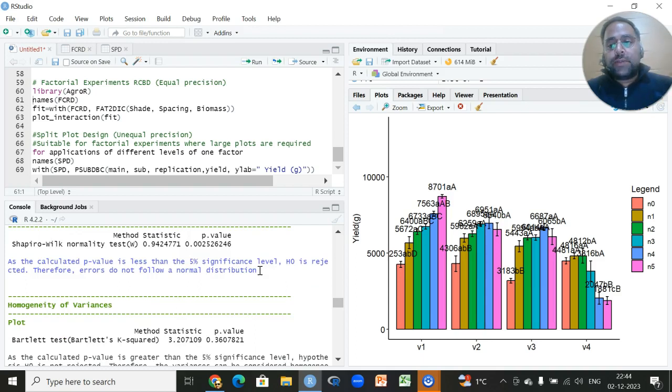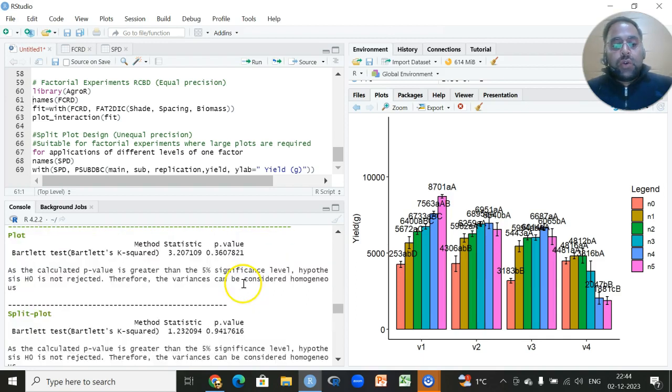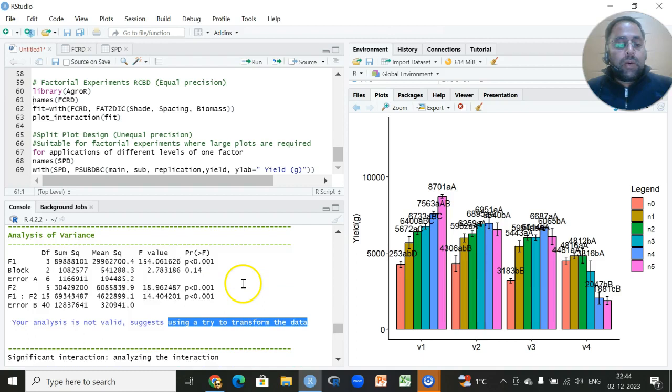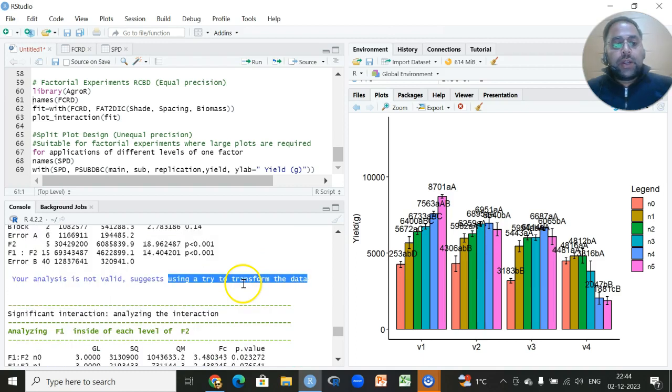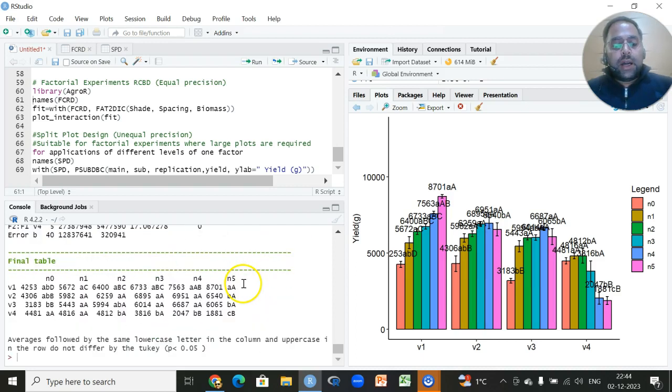Until those assumptions are fulfilled, we cannot proceed with the traditional experimental designs or the parametric approach of statistics. So in this video we have demonstrated two different types of factorial experiments, one with equal precision and another with unequal precision. Hope both these analyses will be quite helpful.